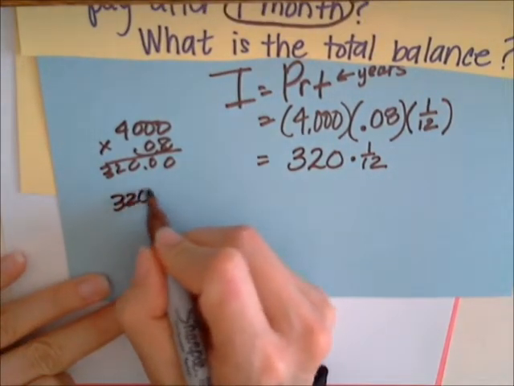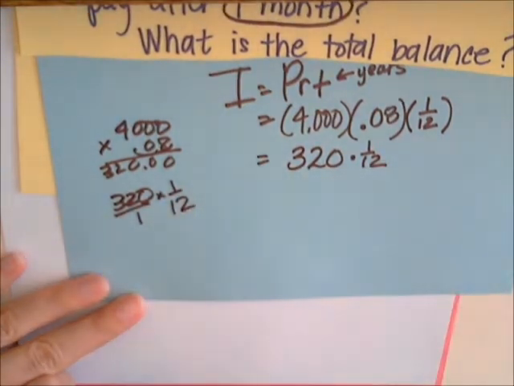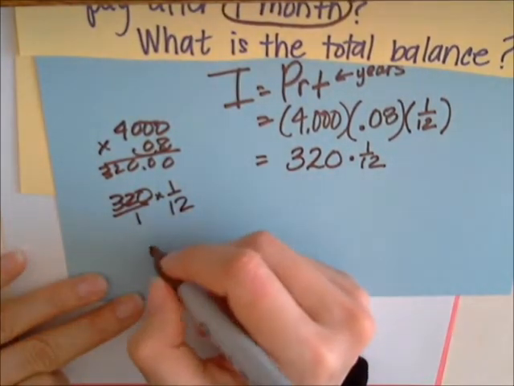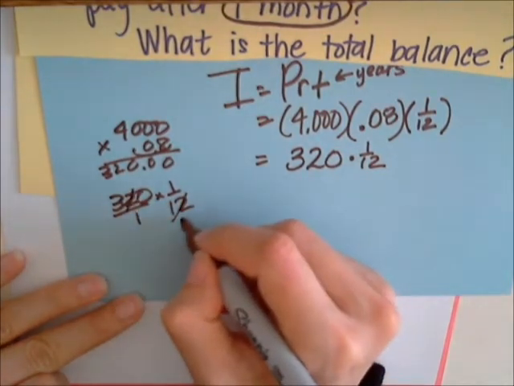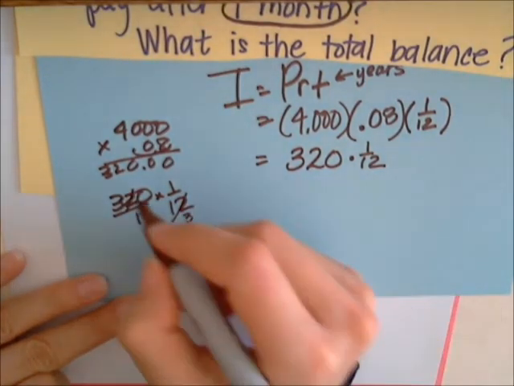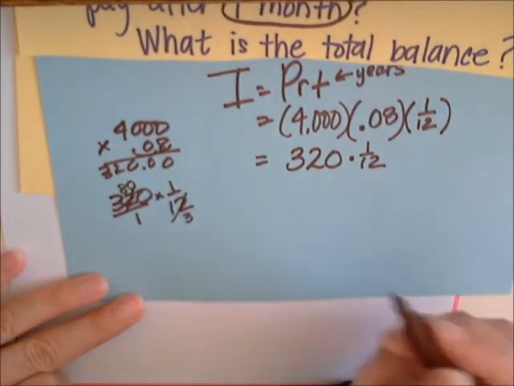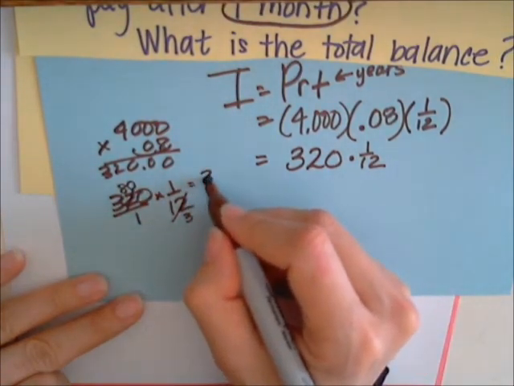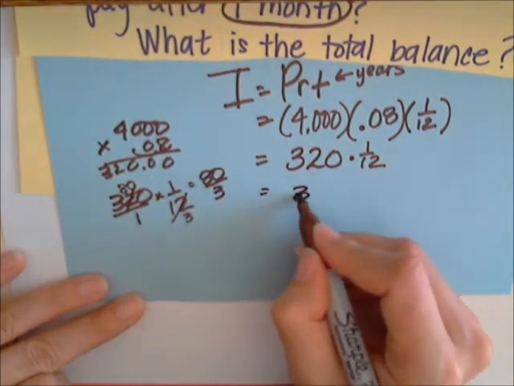I'm going to put 320 over 1 times 1/12 because that's exactly what this is. And I know I can divide this by 4, cross cancel. So that's going to be 3, that's going to be 80, and then I'm going to get 80 over 3.